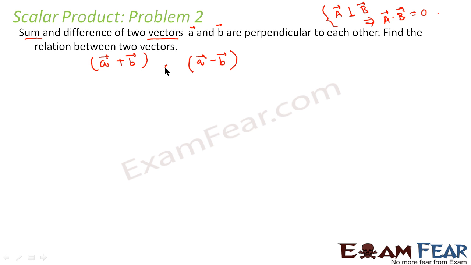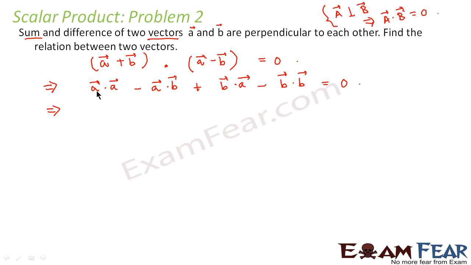So that means (A plus B) dot (A minus B) is equal to 0. Right, now let us do the calculation. This will be equal to A dot A minus A dot B plus B dot A minus B dot B. So this is equal to 0.